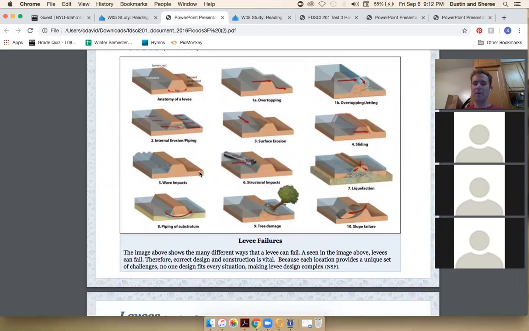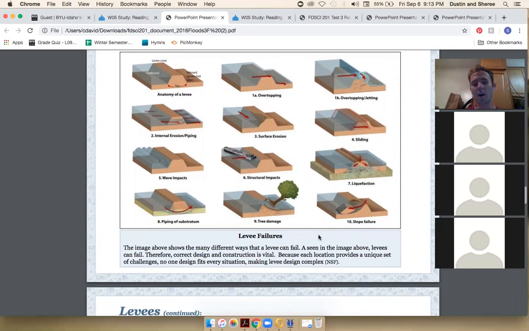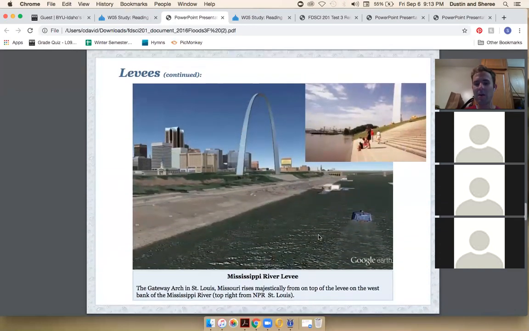Waves can come through and break the levee down. Another thing that can happen sometimes is a pipe break, or they find water can start transporting under the levee. That'd be like your sewer system somehow starts malfunctioning, and it gets through the sewers and starts going under that way. You can get the levee breaking and failing just from erosion. So these are all different ways levees can fail.